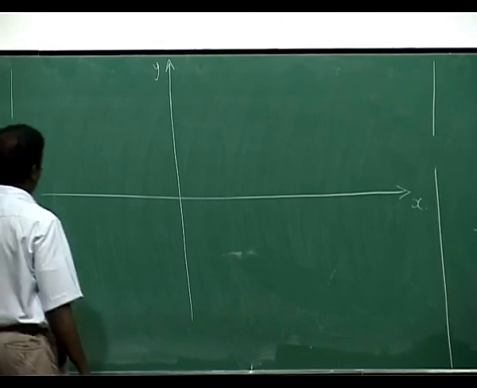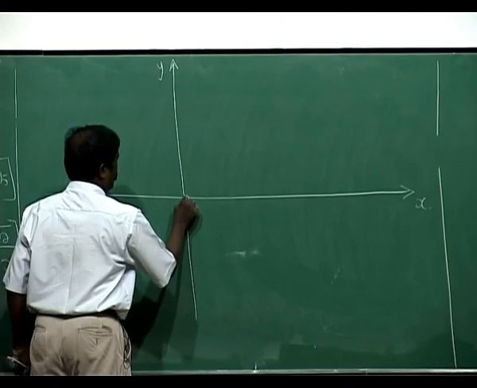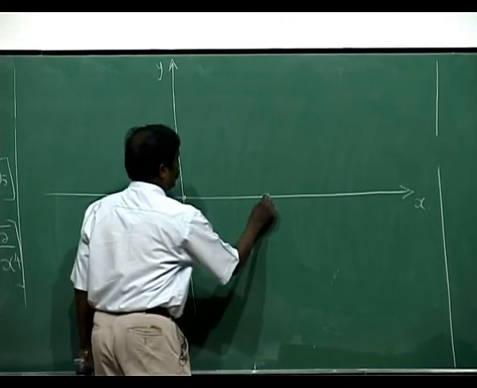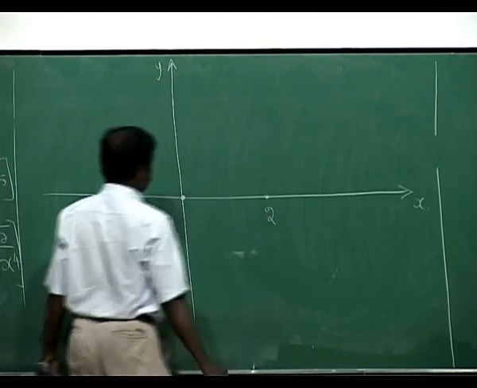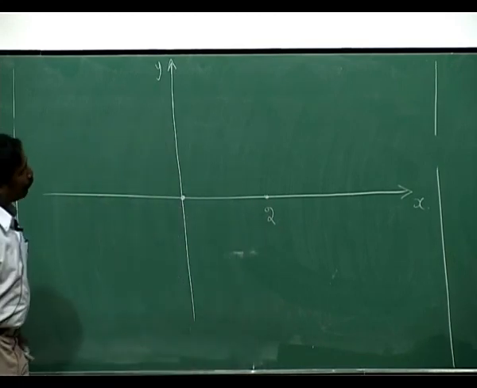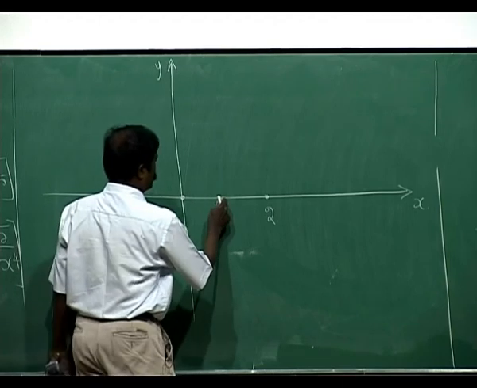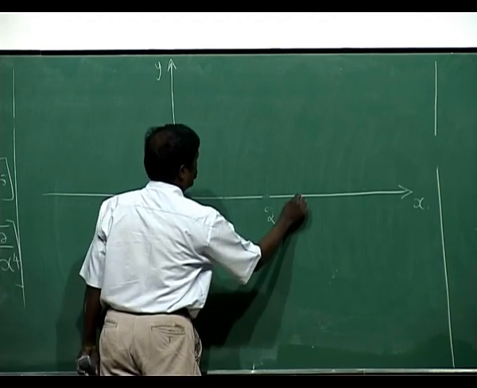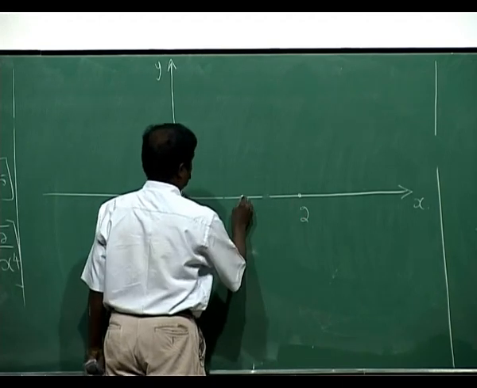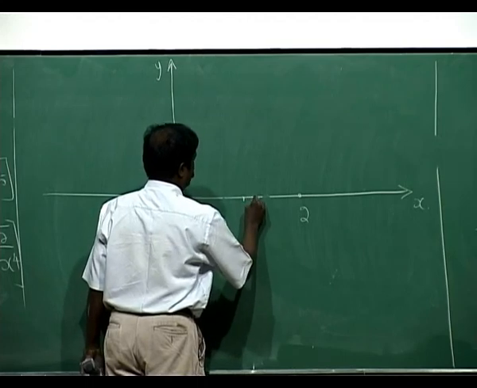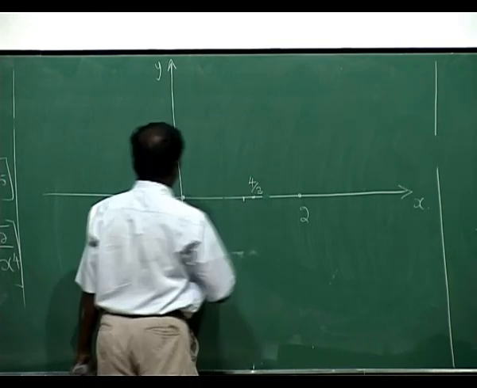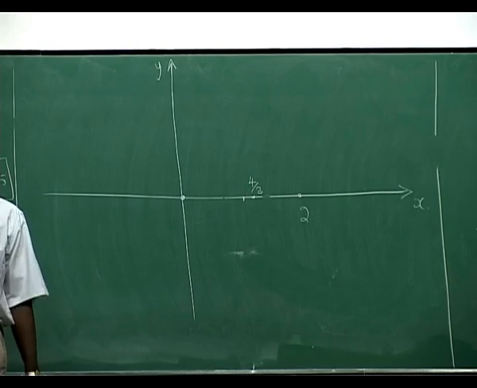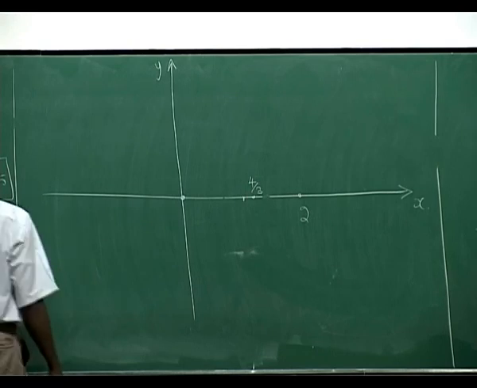What are the important points? 0 was one point, 2 was another point, 4 by 3 is also, so this is 1, maybe let me make it 2 here, this is 1, so 1 by 3, this is 4 by 3. Any other important point?